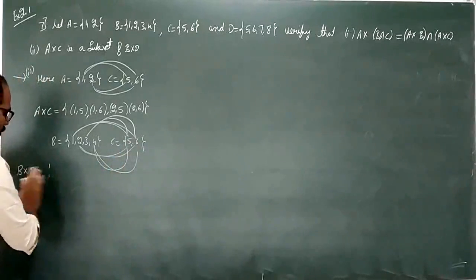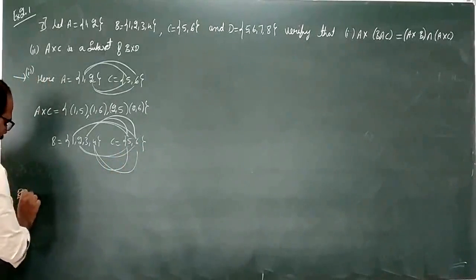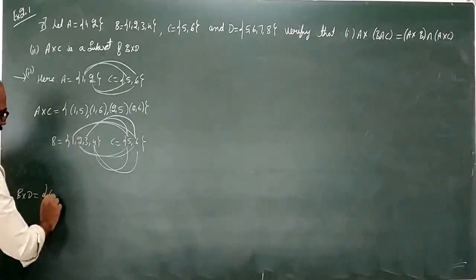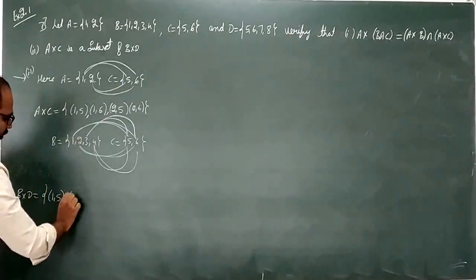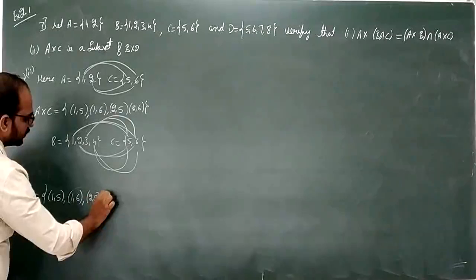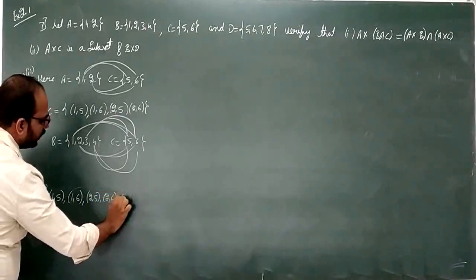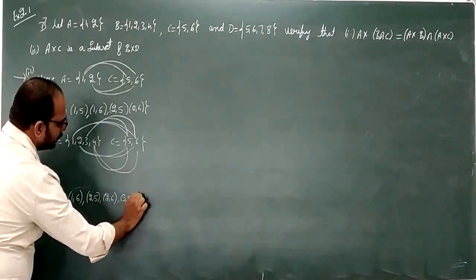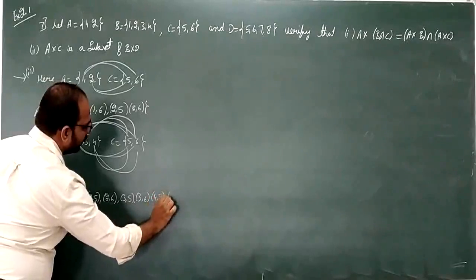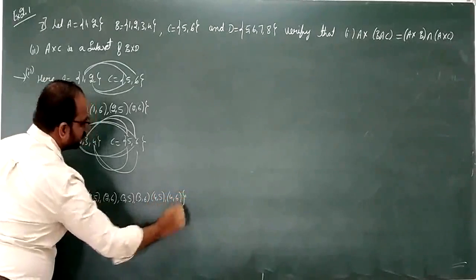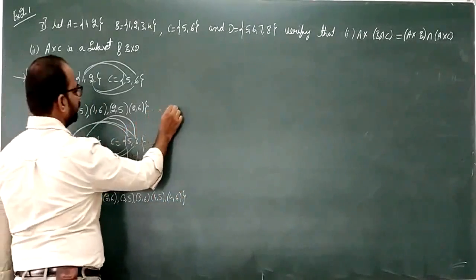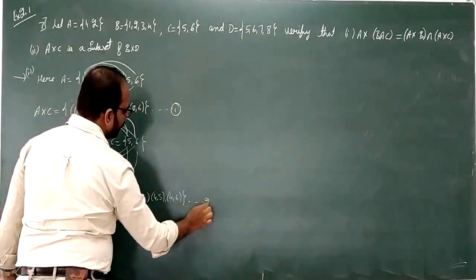Then write down all the ordered pairs: 1 5, 1 6, 2 5, 2 6, 3 5, 3 6, 4 5, 4 6. Now compare, this is called equation 1, this is called equation 2.